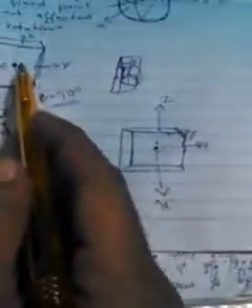Now you can see in these three demonstrations that the fixed point is still the same. So this is Euler's theorem: when a body is rotated in three-dimensional space, it will always rotate around a fixed point.